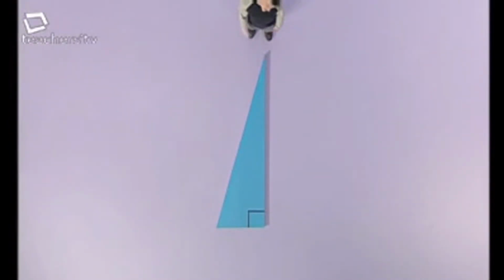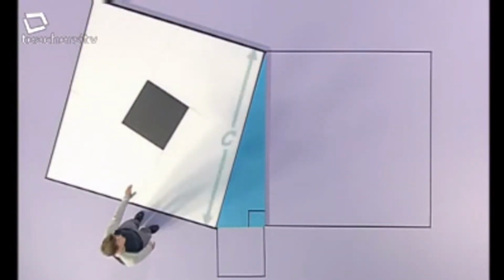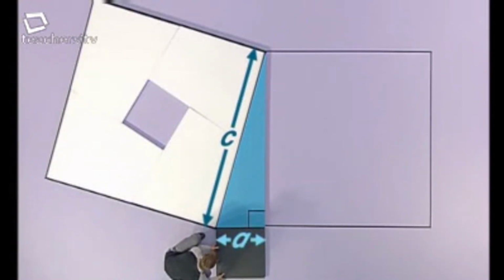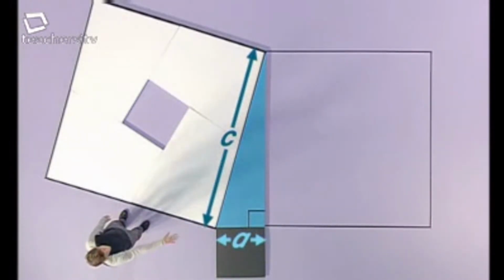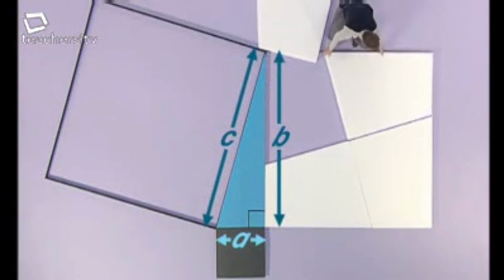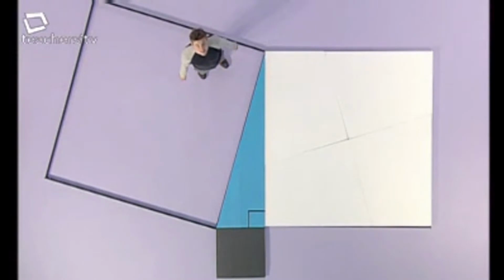Here's a different triangle, but it's still got a right angle, so we should be able to prove that C squared equals A squared plus B squared. Cut out this black area of the square on C, and it will fit snugly into the area of the square on A. And the rest of the pieces will fit exactly into the area of the square on B. And that's Pythagoras' theorem.